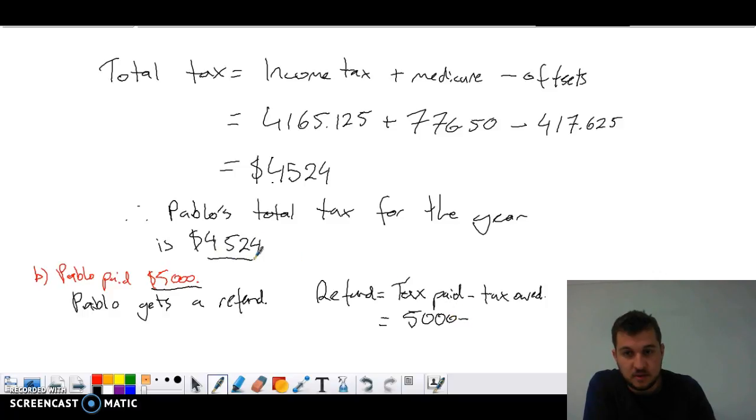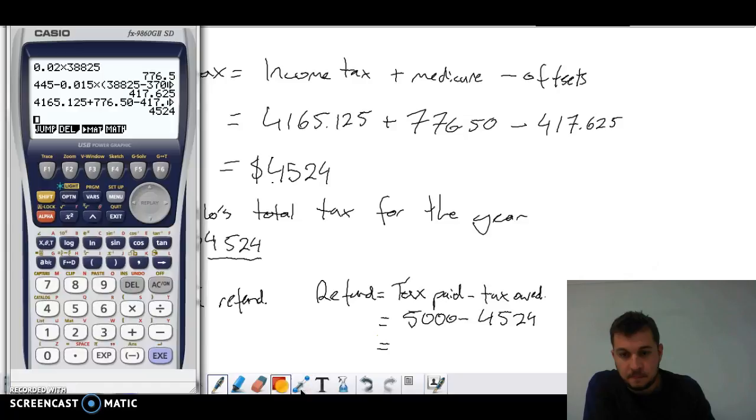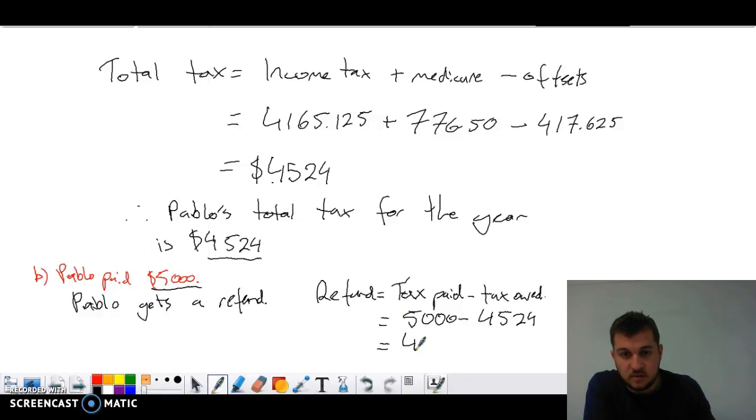His tax that he's owed is here, $4,524, and so $5,000 take away 4524. Enter. $476. Geez, I wish I could have a $476 refund.